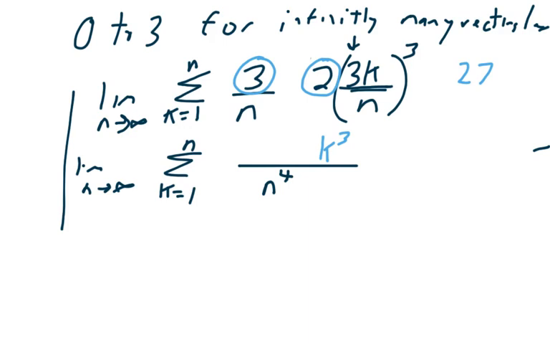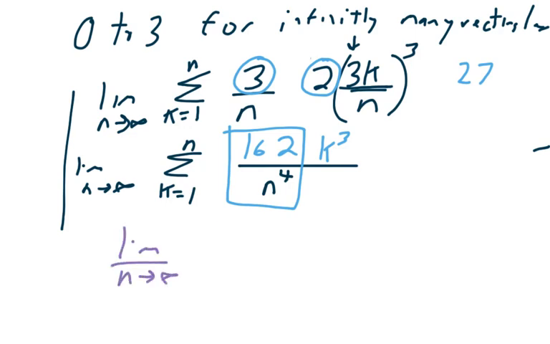So when I multiply 3 times 2 times 27, I get 162 k cubed over n to the 4th. All I'm really worried about is the summation of k cubed, so this 162 over n to the fourth can come on the outside.